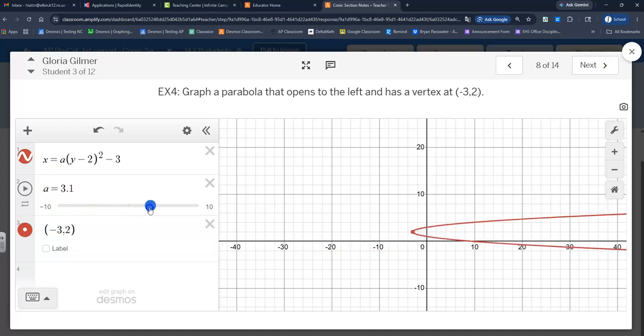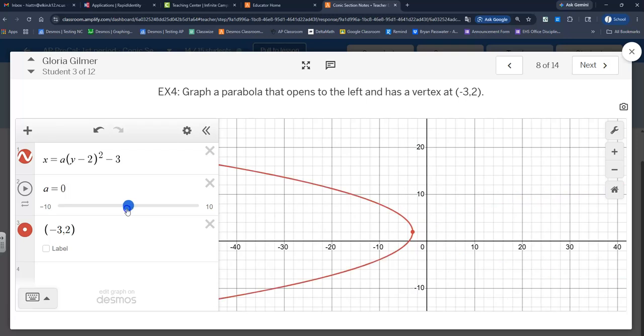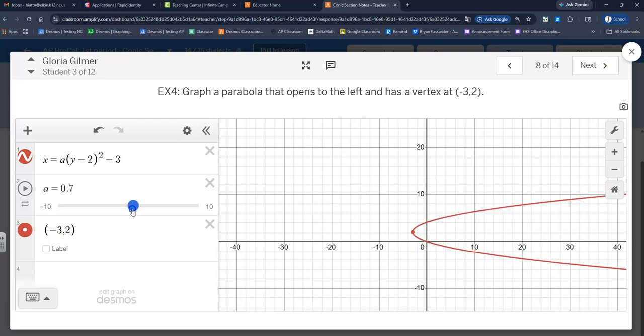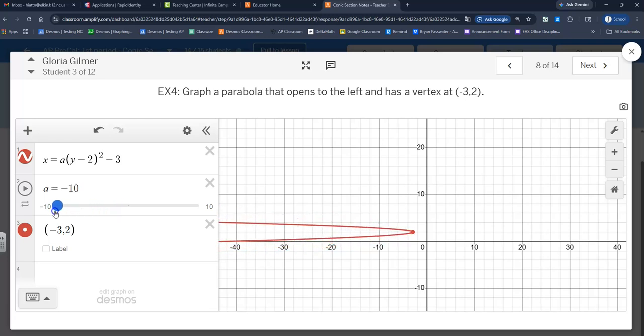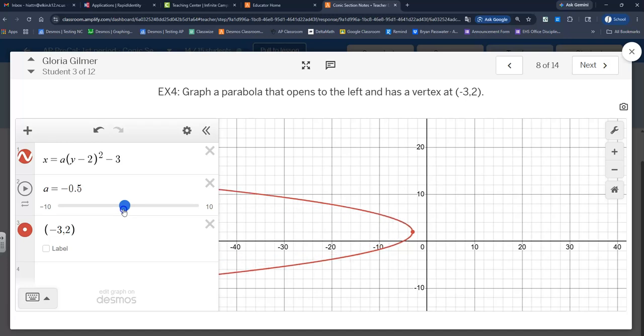So notice if I go back over here to where my slider is positive, I get a parabola that opens to the right. But when I flip it over here to negative, I get one that opens to the left. And this one did not specify another point that it had to go to. It just had to open left.